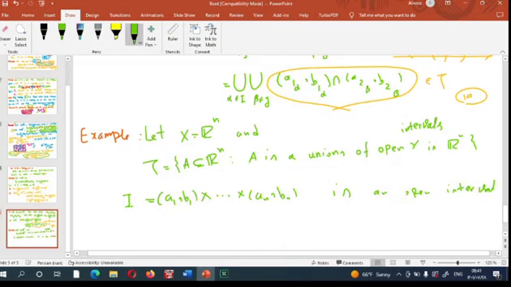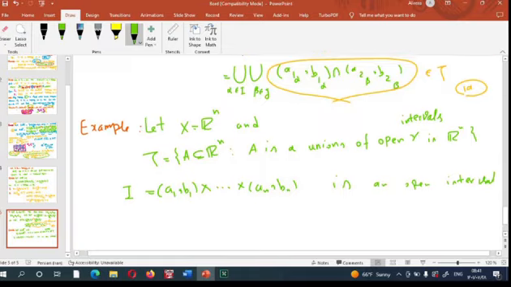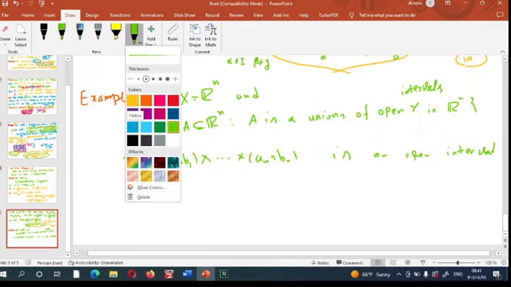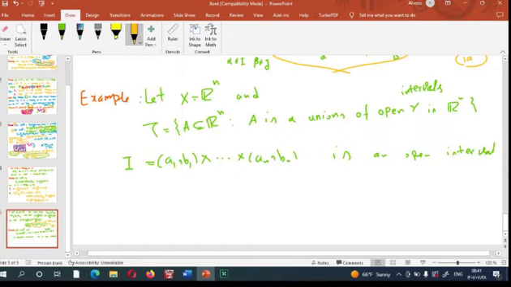So in the case n equals 1, we have this open interval.